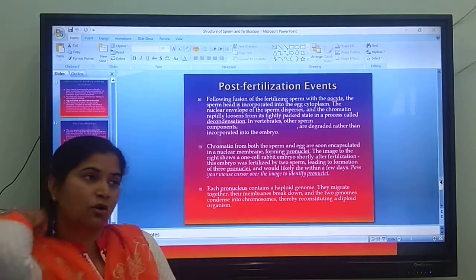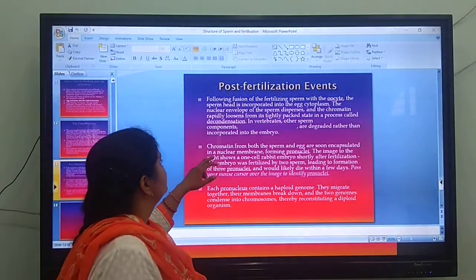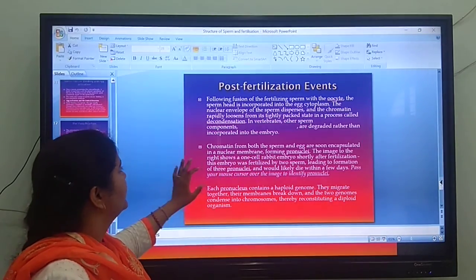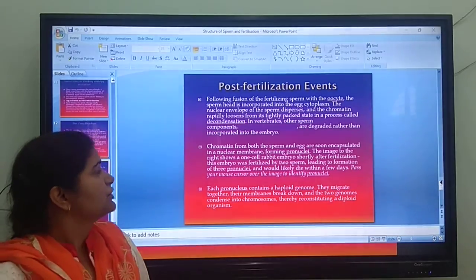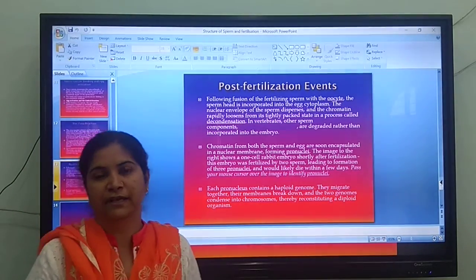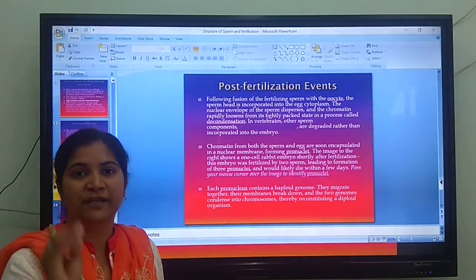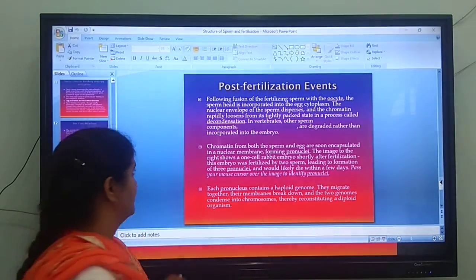The sperm mitochondria are degraded rather than incorporated. So only the sperm chromatin material, the genetic material, goes inside the egg.